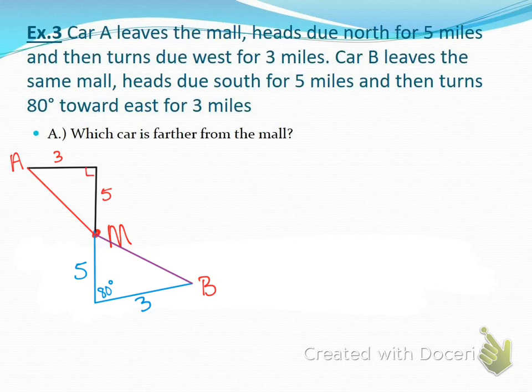AM, because it's across from a 90-degree angle, whereas BM is across from 80 degrees, which is smaller. So that means that car A is further from the mall because that segment AM was greater than what we labeled segment BM.